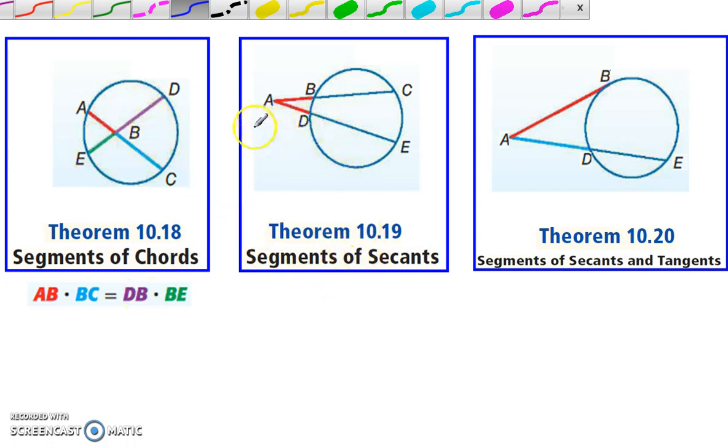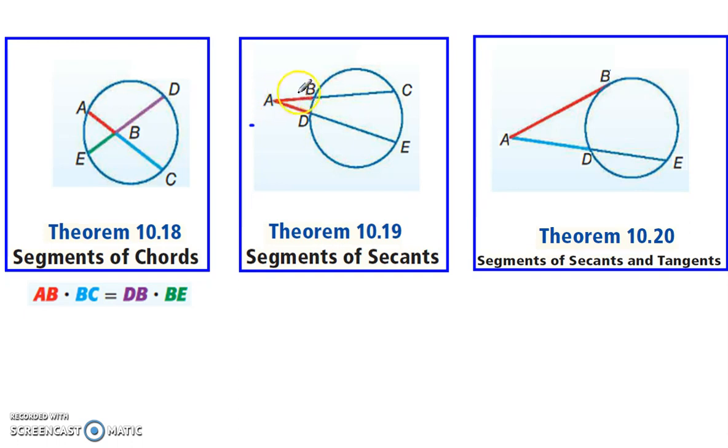In secants, we're going to look at the outside, and then not just the inside, but the entire length. So we have from A to B times A to C. So the short segment outside times the whole length.